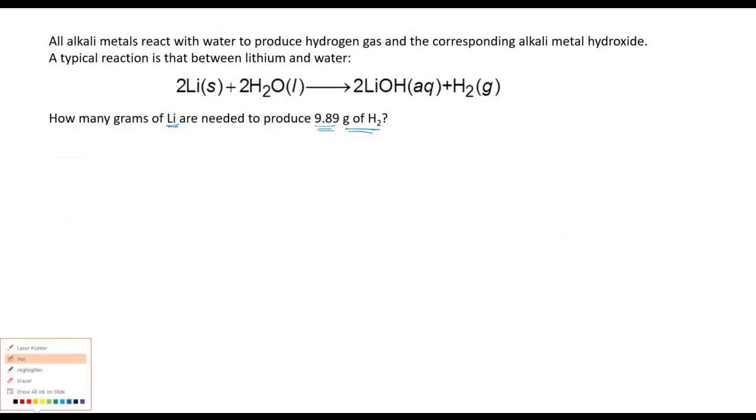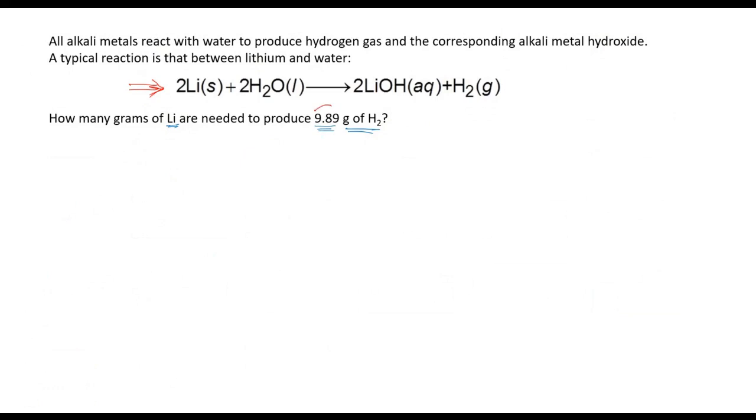Here we have, what is given? Step number 1, write the equation. The equation is already there. Step number 2, balance this equation. It is already balanced. What is step number 3? Change gram to mole. Now we use step number 3, 4, and 5 in one line. How?